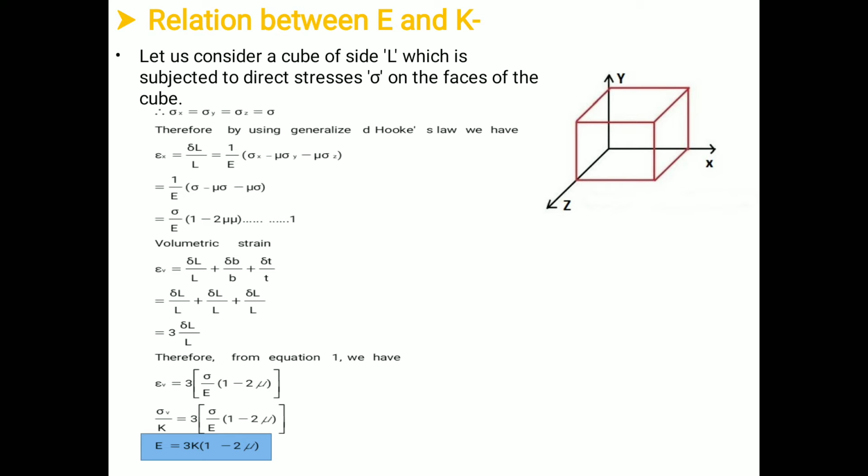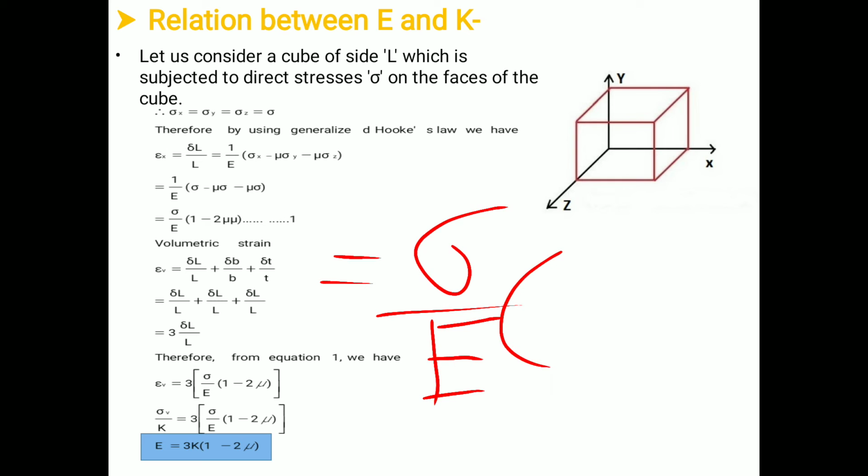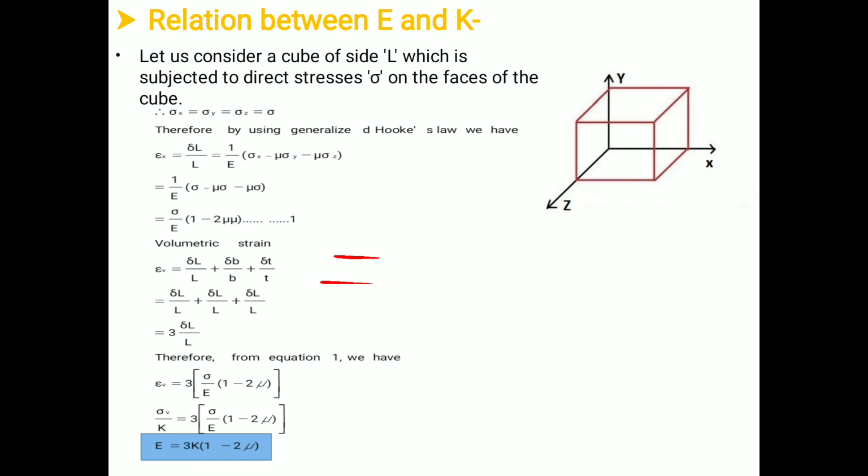This mu is extra one, we have to cancel it, by mistake this happened. The final equation is sigma upon E into 1 minus 2 mu. Therefore, the strain along the x direction is equal to sigma upon E into bracket 1 minus twice mu. This is equation number 1.